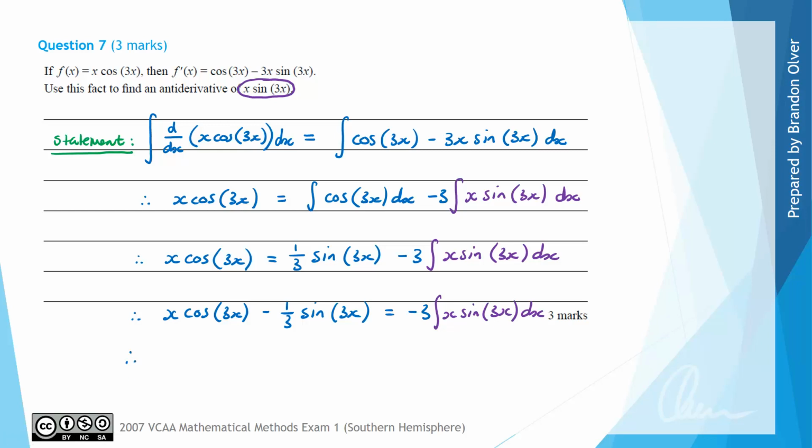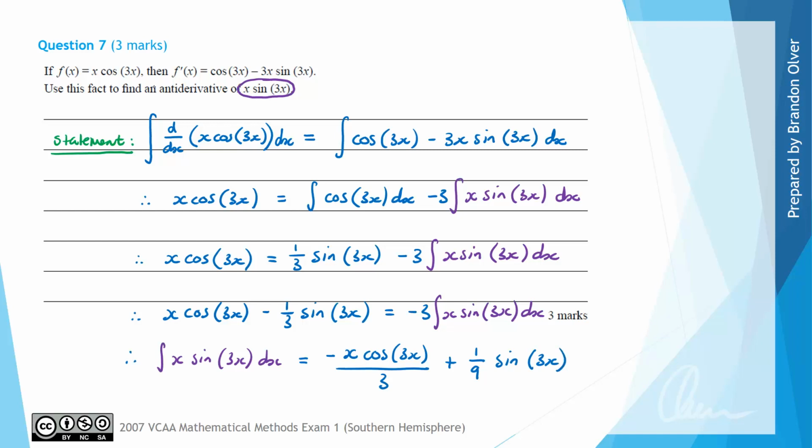So to get that integral by itself, we simply divide both sides of the equation by negative 3. So that gives the integral of x sine of 3x dx is equal to negative x cos of 3x on 3, plus 1 on 9 sine of 3x.